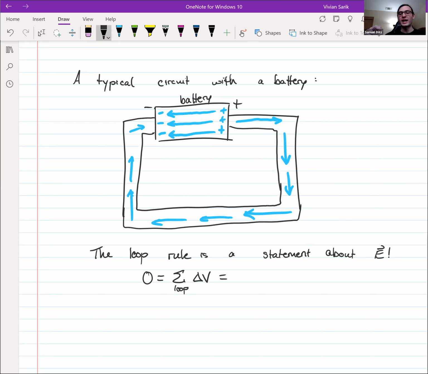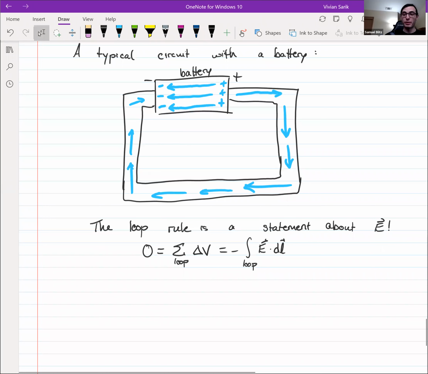But we know how the voltage relates to the electric field. The change in voltage from one place to the other is just the negative integral of the electric field going from place to place. That's because the electric field is the negative gradient of the voltage. So this is equal to an integral around the loop of E dot dl.